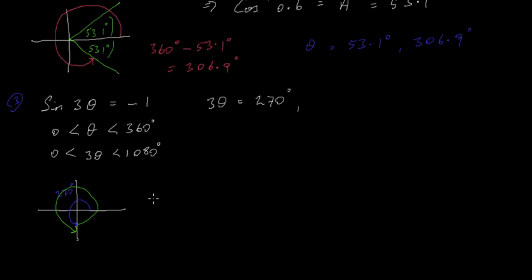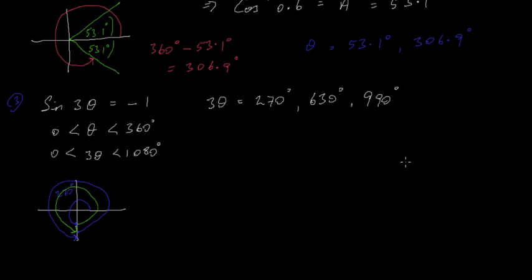So in other words, we take 270 degrees, add 360 degrees, add one full circle, and that will give us 630 degrees. We're still within our range here. Okay, so let's see if we can go again. So what we're going to do now is go from here around to here and then go all the way around again, another 360 degrees. So we're going to add 360 degrees to 630 degrees, and that will give me 990 degrees.